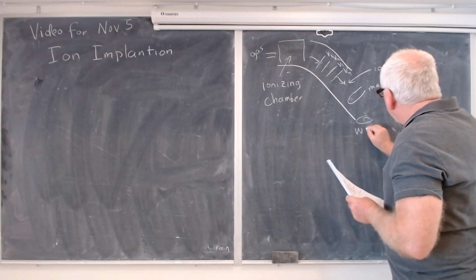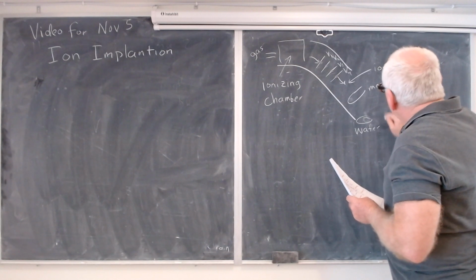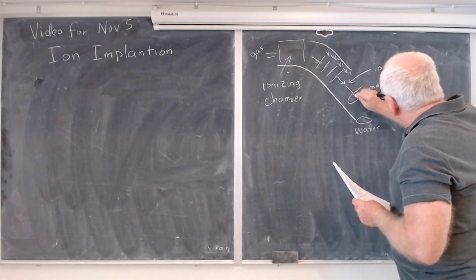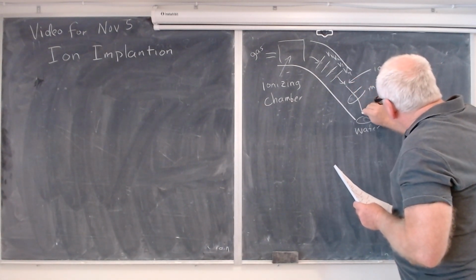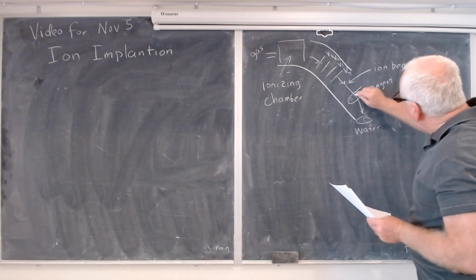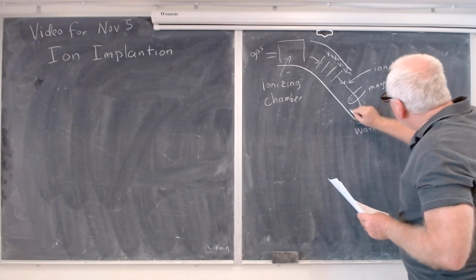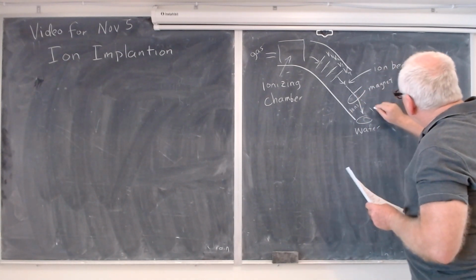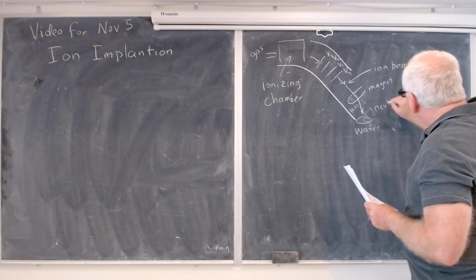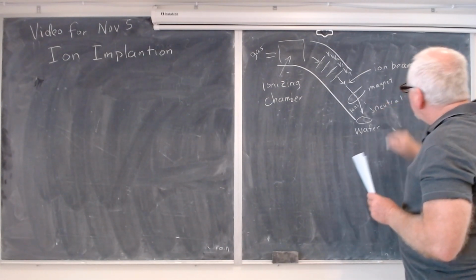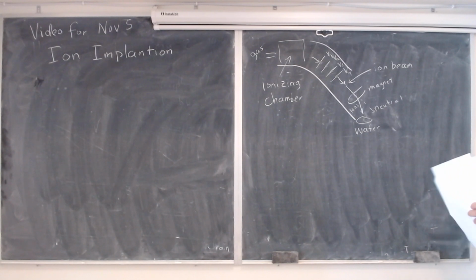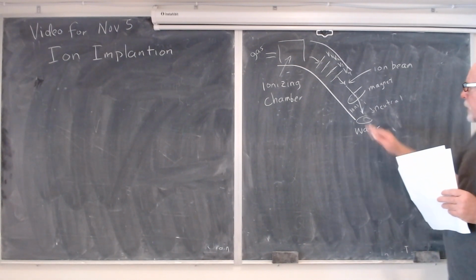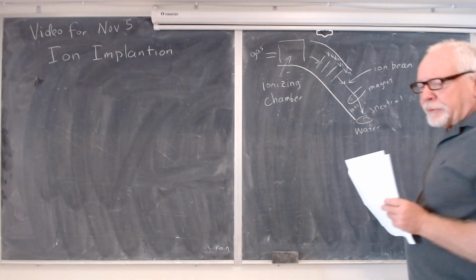This is the wafer. That magnet causes the ions to bend and hit the substrate, and any neutrals, that is any unionized gas that somehow got accelerated, misses the wafer. And so you have ions hitting the wafer.